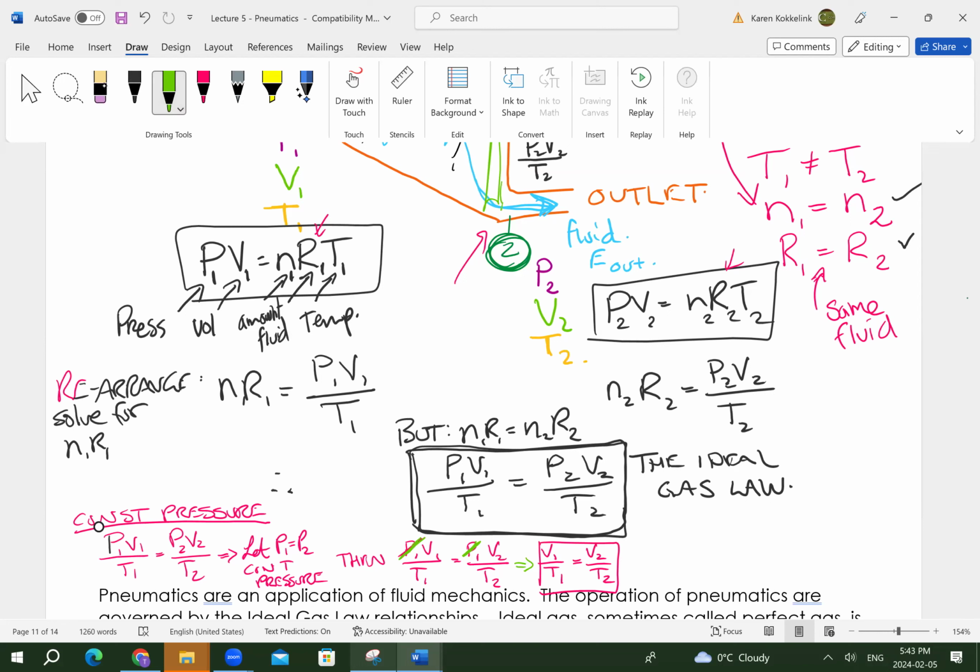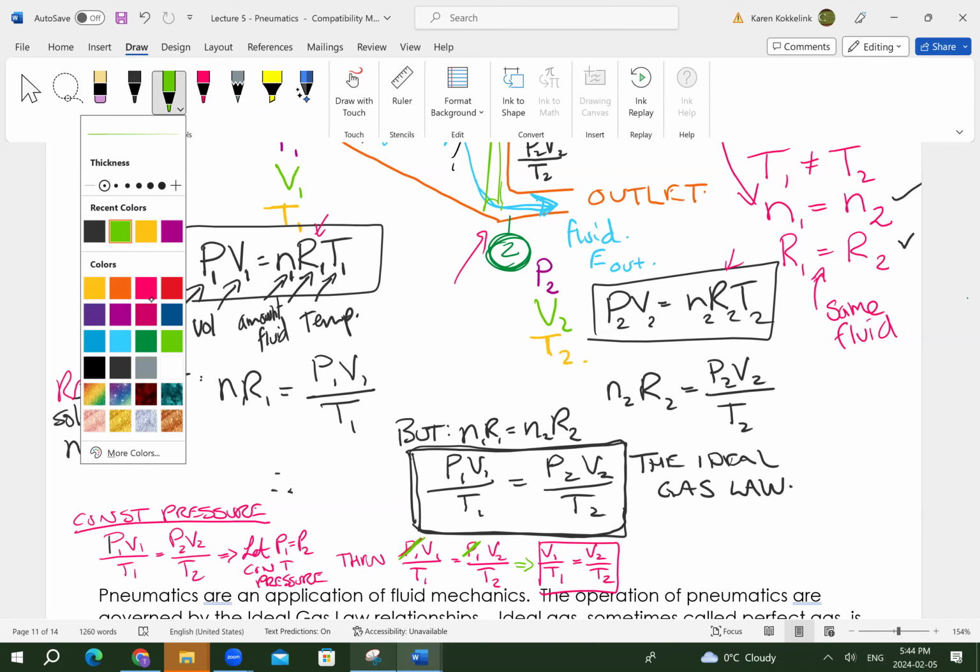If you do it for volume, then the volumes cross out. If you say V1 equals V2, a constant volume process, the volumes cross out. And then the relationship is P1 over T1 equals P2 over T2. You can call that a new ideal gas law if you want to, but it all just comes from the same ideal gas law. So what I do in a test is, I don't even remember this relationship.